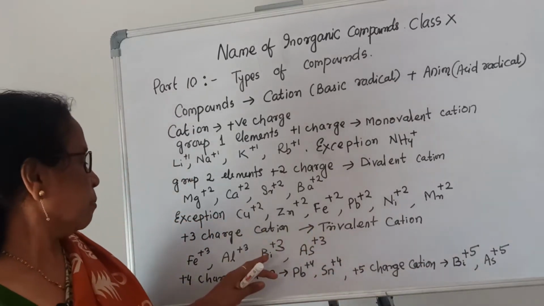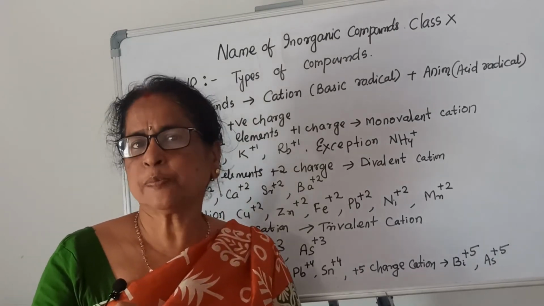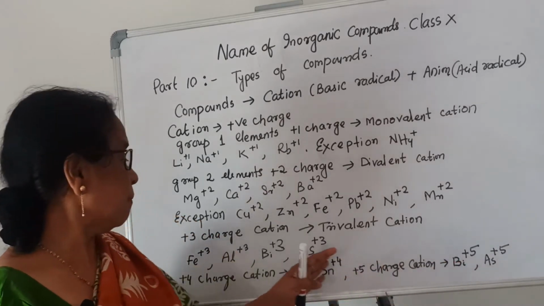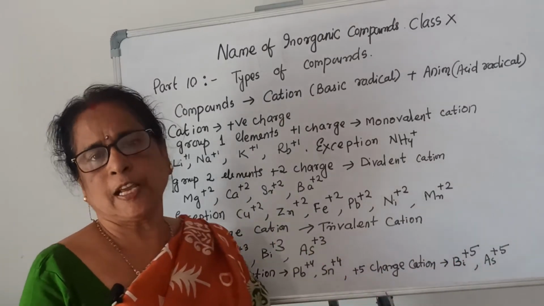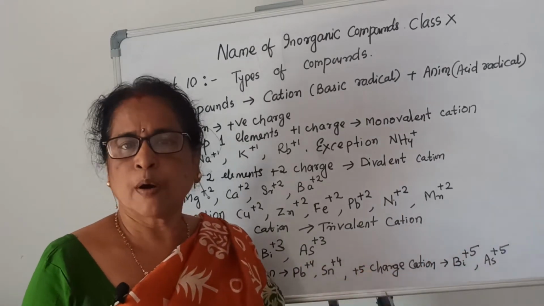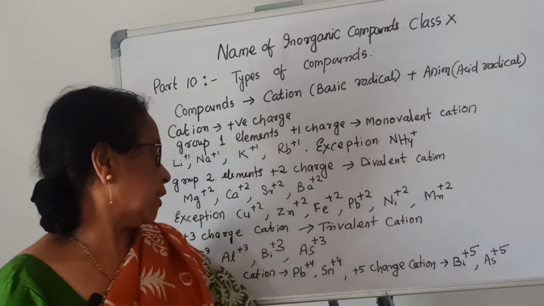That means bismuth shows two charges, one is +3 and the other is +5. You can do +5 yourself; few compounds are there. Similarly arsenic +3 and +5, so you can form different compounds like arsenic pentachloride and bismuth pentachloride.